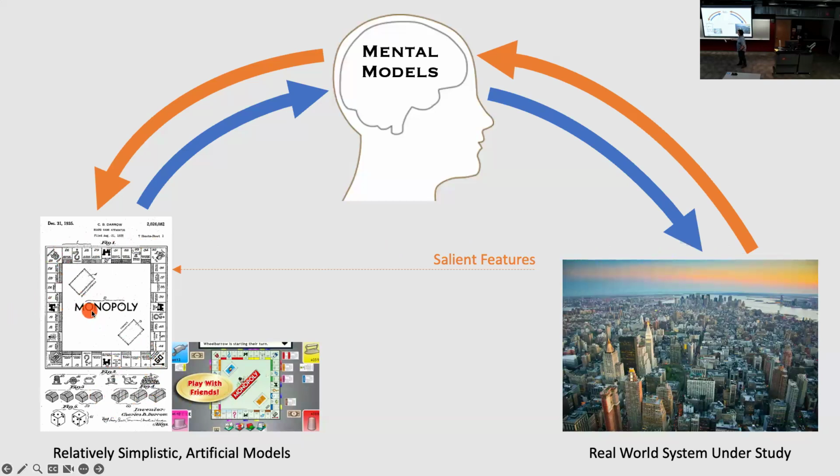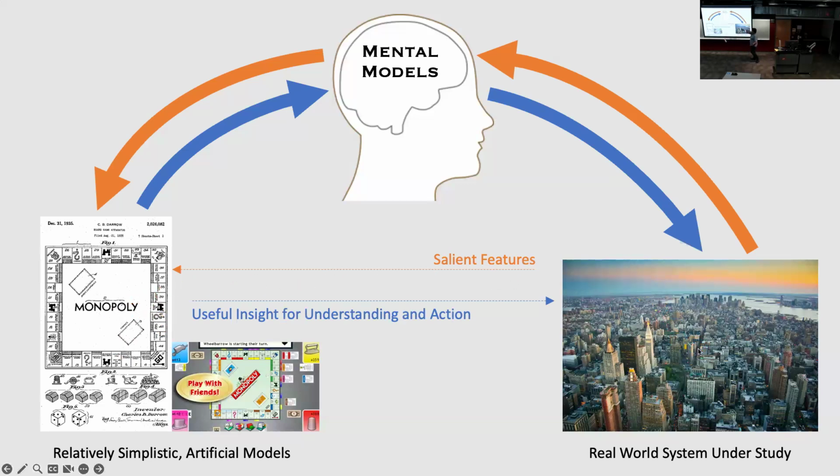Monopoly is really about how to run a real estate empire, so it's important to know the rules, that if you break those rules, you go to jail. But all the details about who actually puts you in jail are not important to the model. That's what I mean about only putting in the salient features. And by then running this simple model, which is very easy to run, you can play a game of Monopoly in an hour or so, you get useful insight.